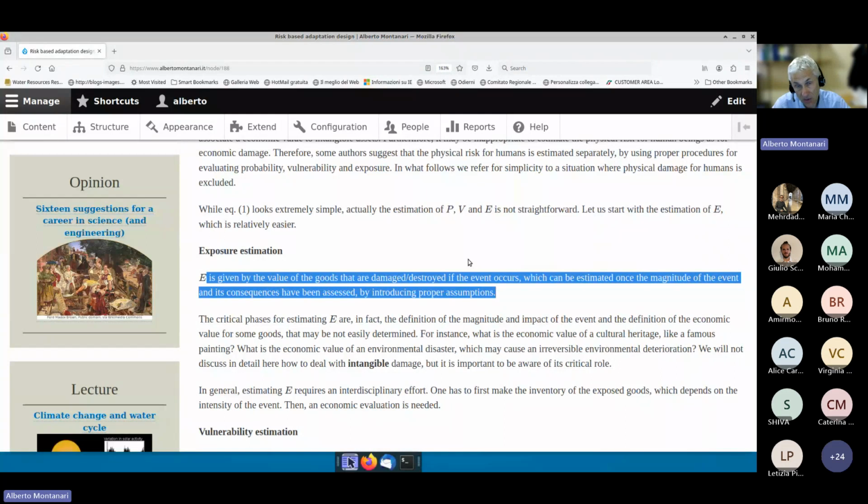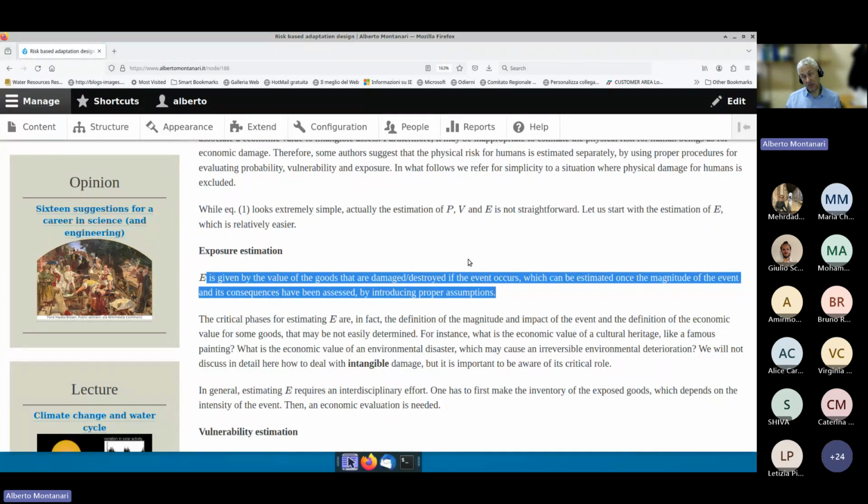When I want to build levees, the legislation for important rivers says that I have to size the levee for a return period of 200 years, which means that the levee should resist a flood that I am expecting every 200 years, more or less. So the legislation says this.